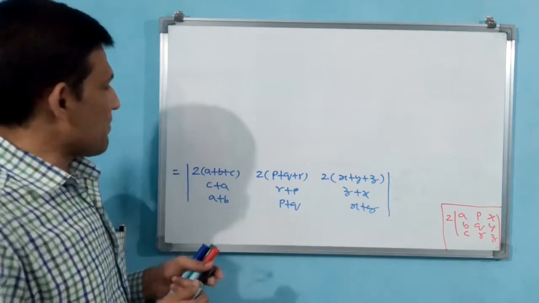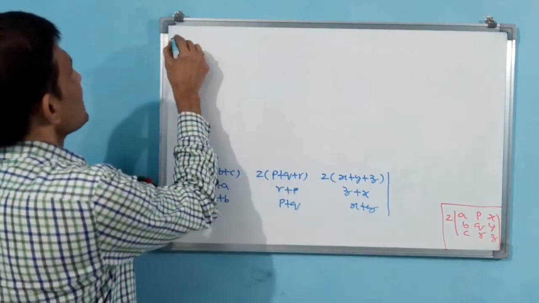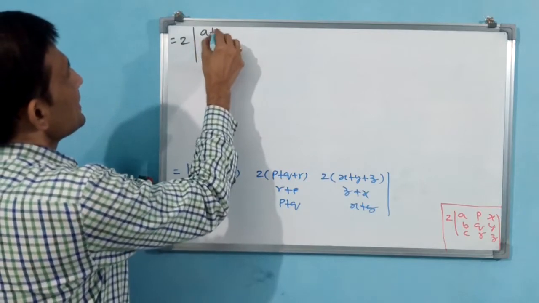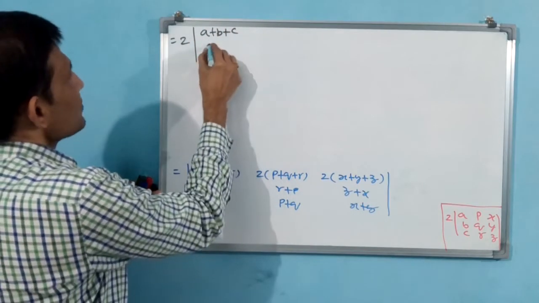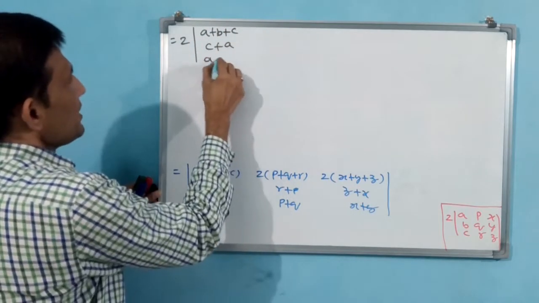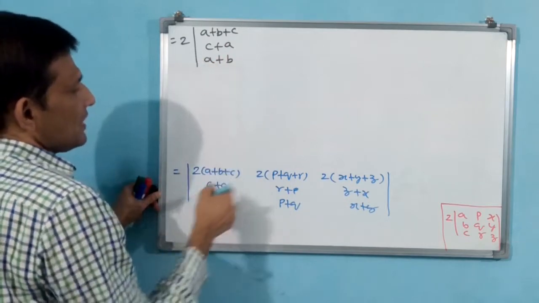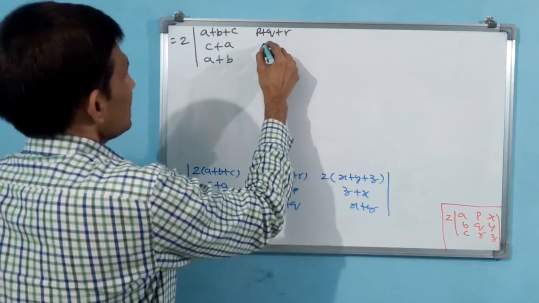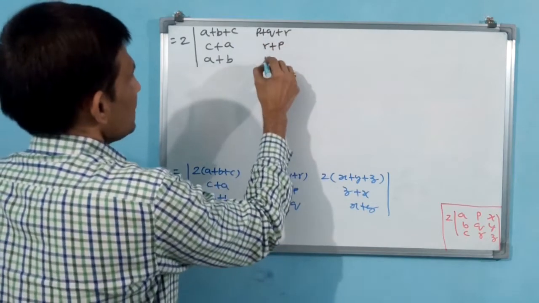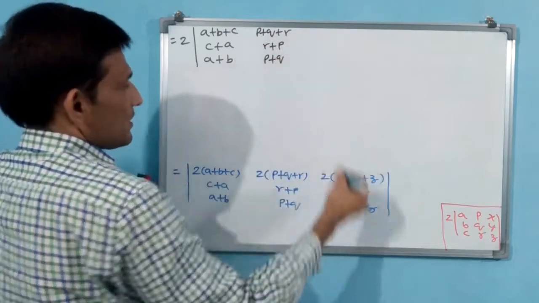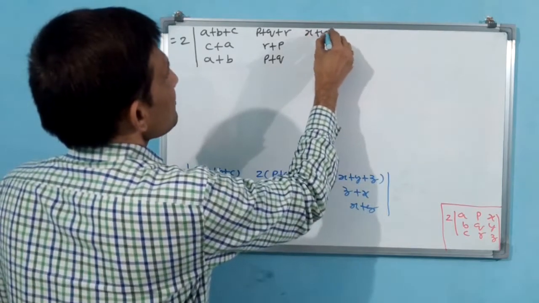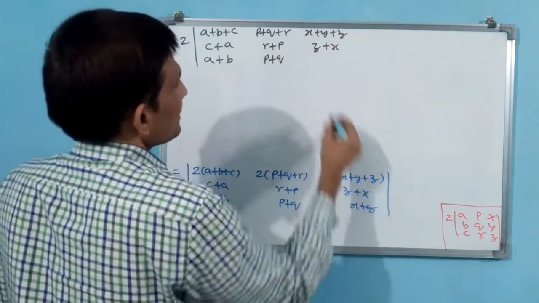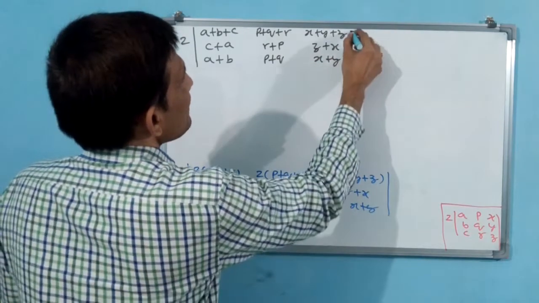Now you see, I am taking 2 common from row 1, that is equal to 2. After taking 2, first column: A plus B plus C, C plus A and A plus B. Second column: P plus Q plus R, then R plus P, then P plus Q. Third column: X plus Y plus Z, Z plus X, X plus Y. Okay.